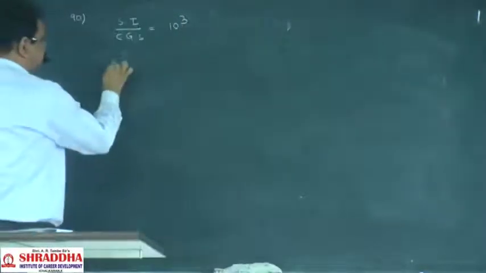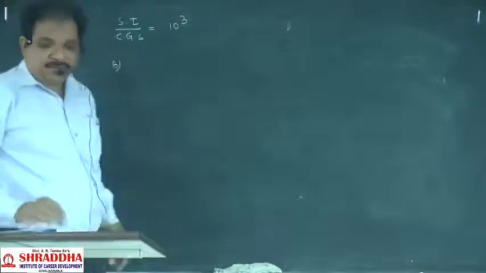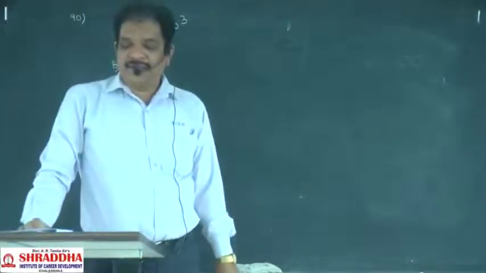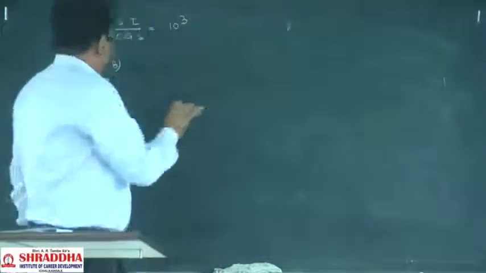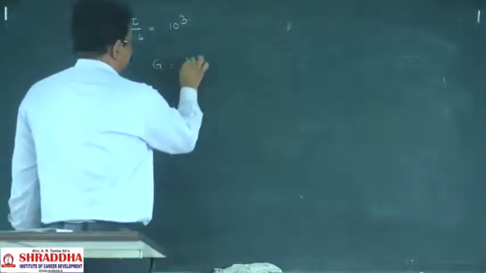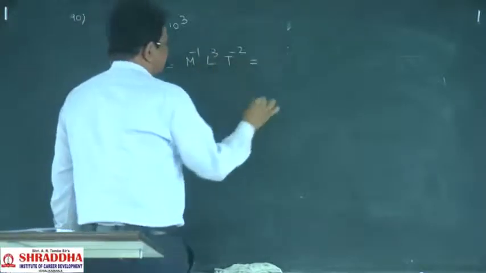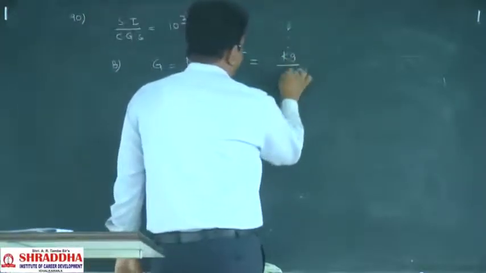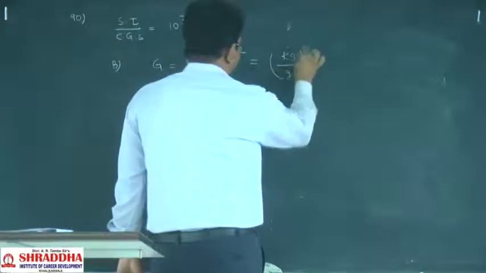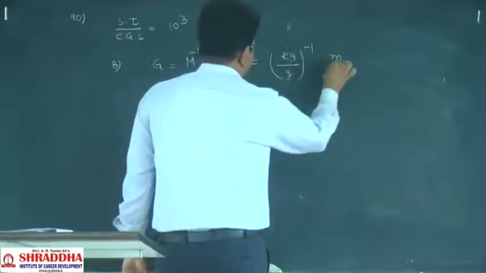B. Gravitational constant. M power minus 1 L cube T power minus 2. This is kg by gram power minus 1.